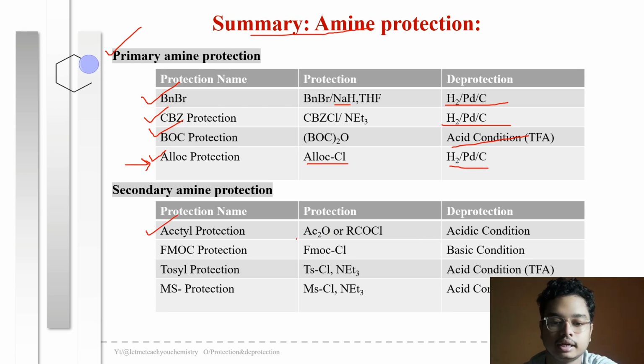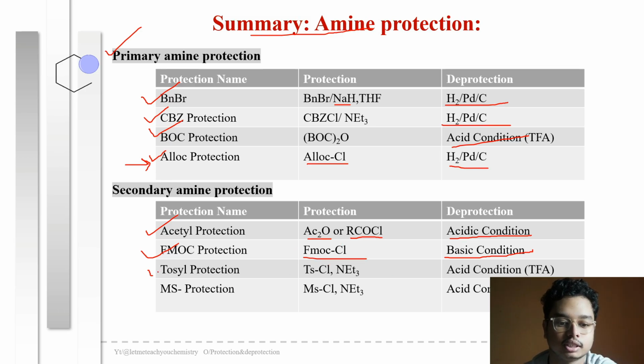For acetyl protection, acid or RCOCl is used to protect the secondary amine, and the deprotection strategy uses acidic conditions. Then Fmoc protection: Fmoc is used to protect the secondary amine, whereas the deprotection strategy requires basic conditions, especially piperidine.